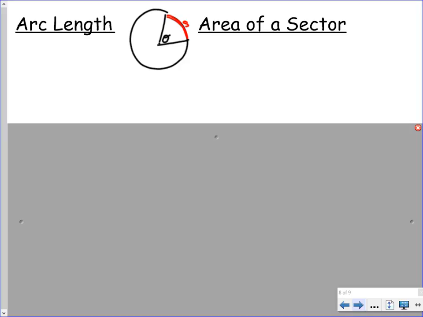So S equals r times theta, the radius times the angle. If we're doing area of a sector, then we want to know what is all this space inside that section. So area is 1/2 times r squared times theta.